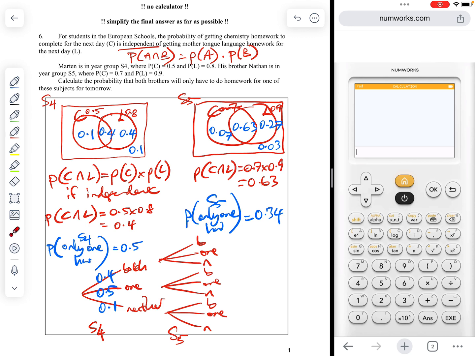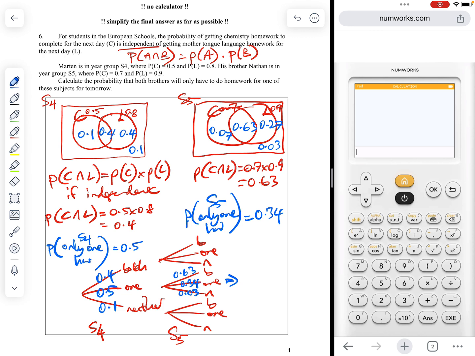All we're interested in is what the question said: both will only have to do homework for one. So we need one, followed by one. Let's add the probabilities on the final branches of the tree diagram. We worked out that only one in S5 is 0.34. If we wanted to, we could put 0.63 and 0.03.